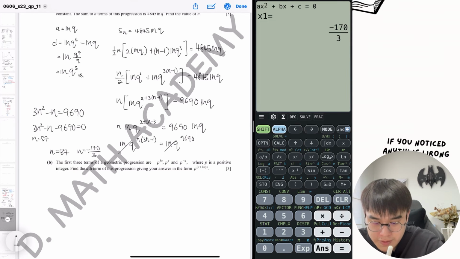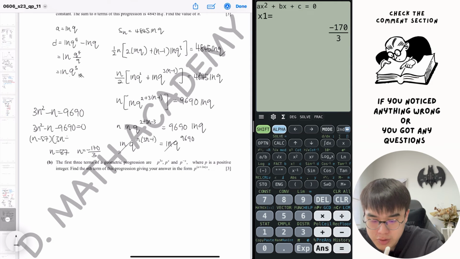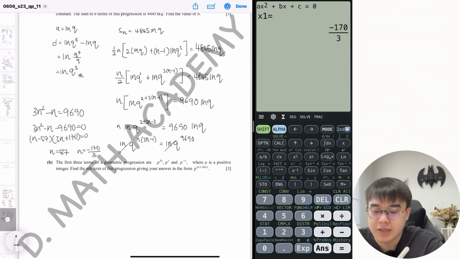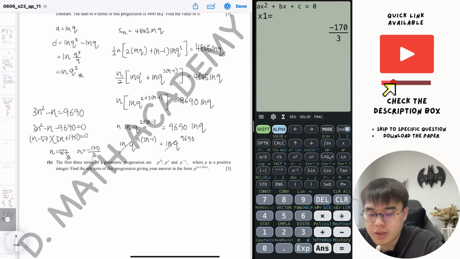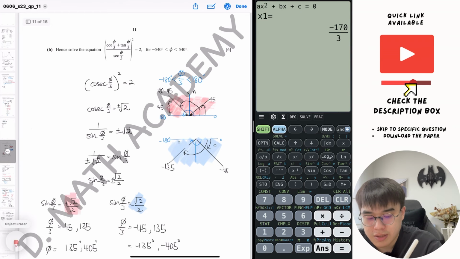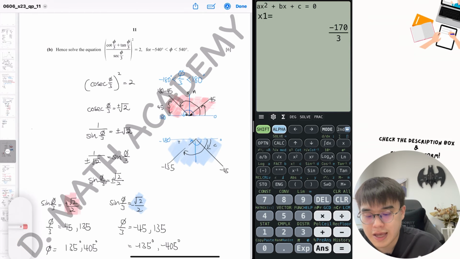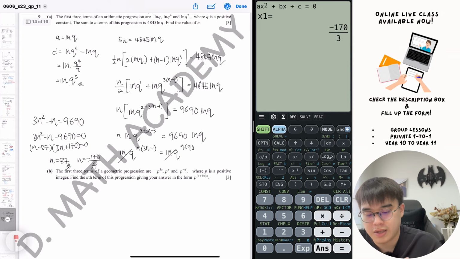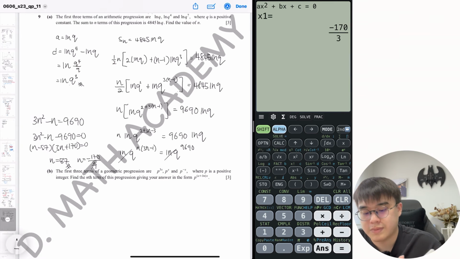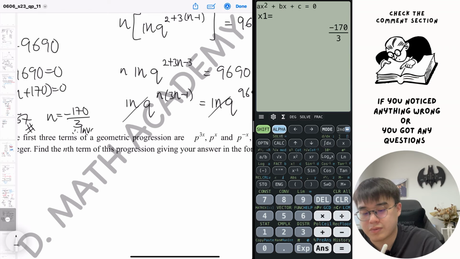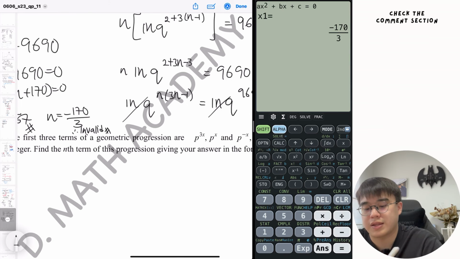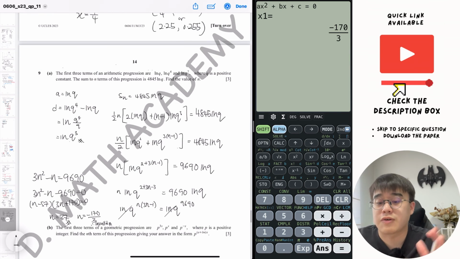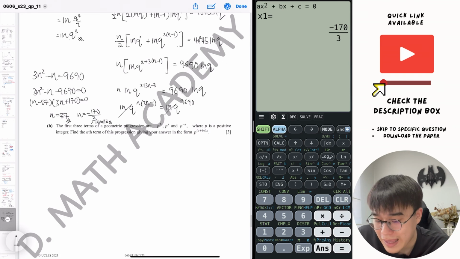Okay, n minus 57 is the first bracket, 3n plus 170 is the second. So this one is the only one. The other will be invalid. Reason behind is that n term can never be decimals and negative. So this one here is invalid. Okay, so this is how you solve question 9a.